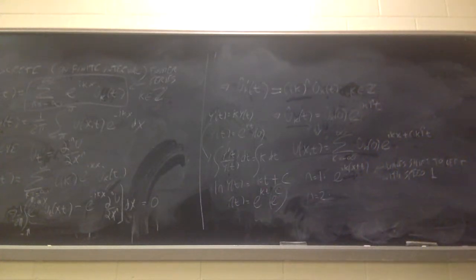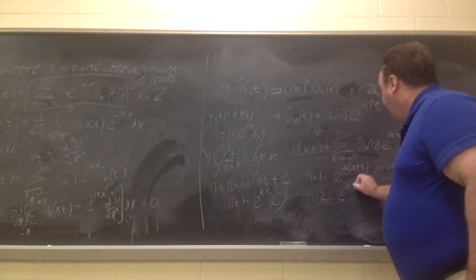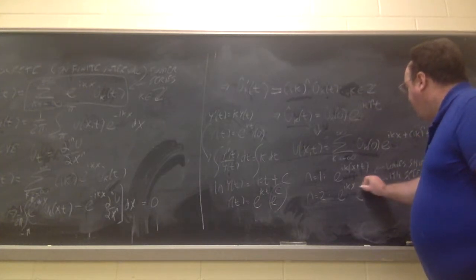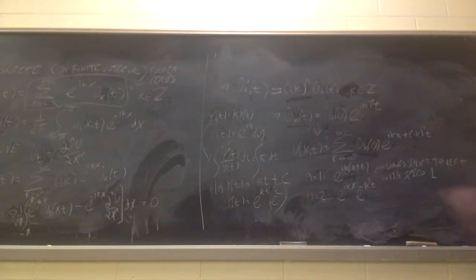Now, if n equals 2, we have e to the i k x, and then e to the minus k squared t, because i squared is minus 1.